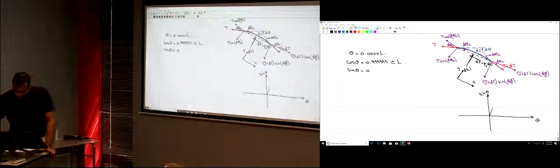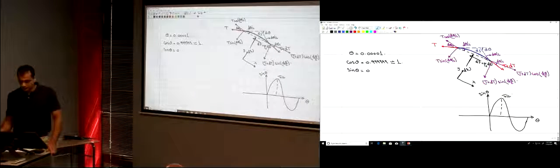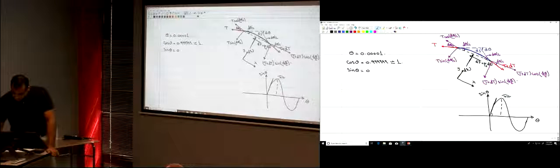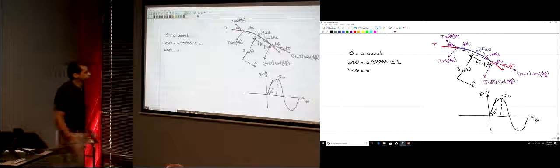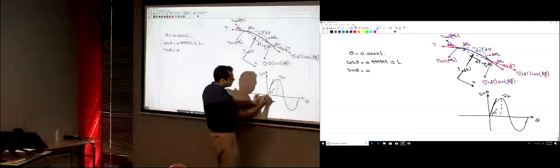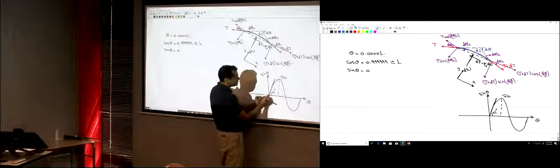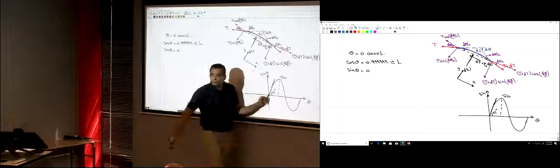It starts from 0 and goes like this, up to pi over 2, so the slope here is 45 degrees. That means when theta is about 0, theta is almost equal to sine theta.